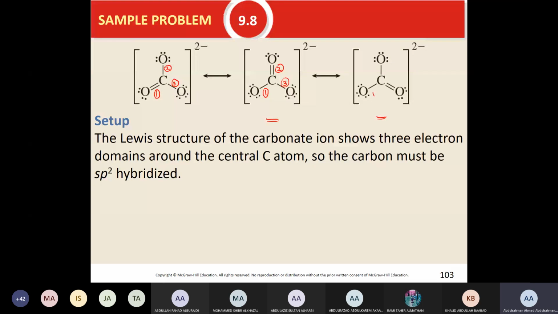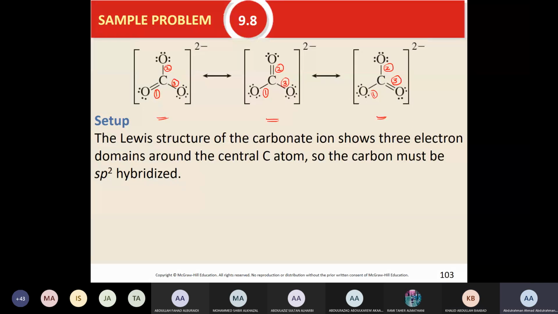This is 1, 2, and this is 3. Which one is the shortest? 3. Now let's say we look at the three shapes together, which one is the shortest, 1 or 2 or 3? The same. It's the same compound, but they are not the same structure.